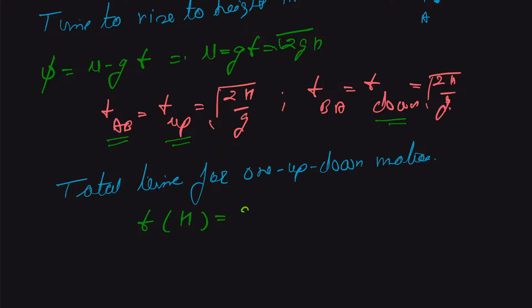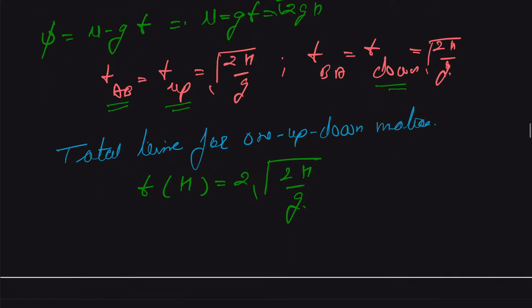So that will be equal to twice the square root of 2h upon g. Okay, so this is the general formula of the time taken during one complete bounce, that is from A to B and coming back to A.